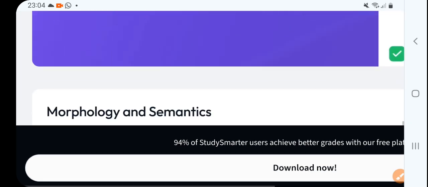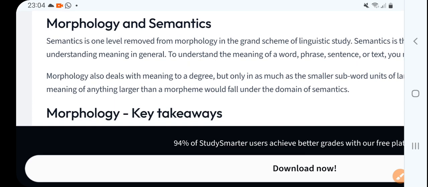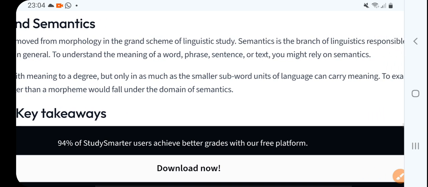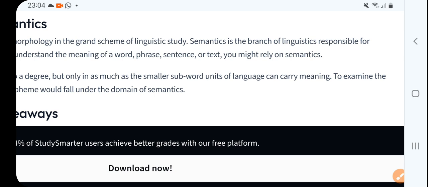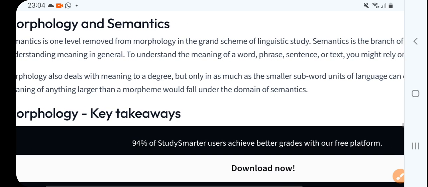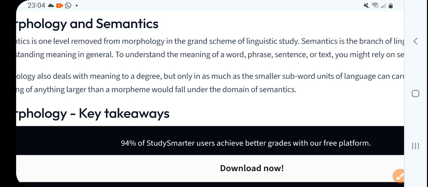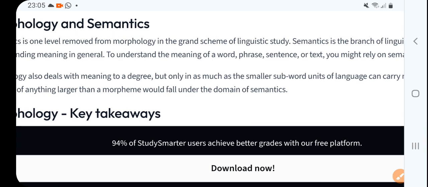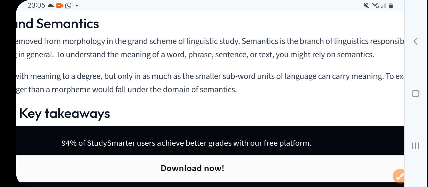Okay, good. Now morphology and semantics. Semantics is one level removed from morphology in the grand scheme of linguistic studies. Semantics is the branch of linguistics responsible for understanding meaning in general. To understand the meaning of a word, phrase, sentence or text, you rely on semantics.